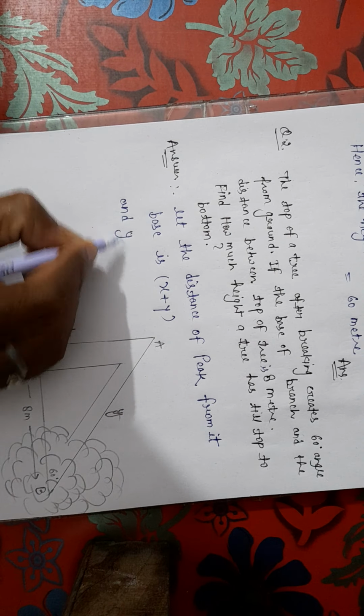Now, by using the tan rule in triangle ABC, this is triangle ABC, so we will use the tan rule here.